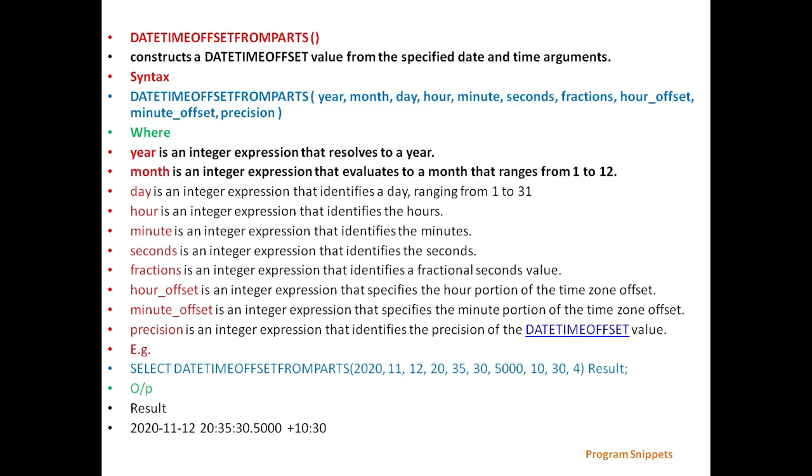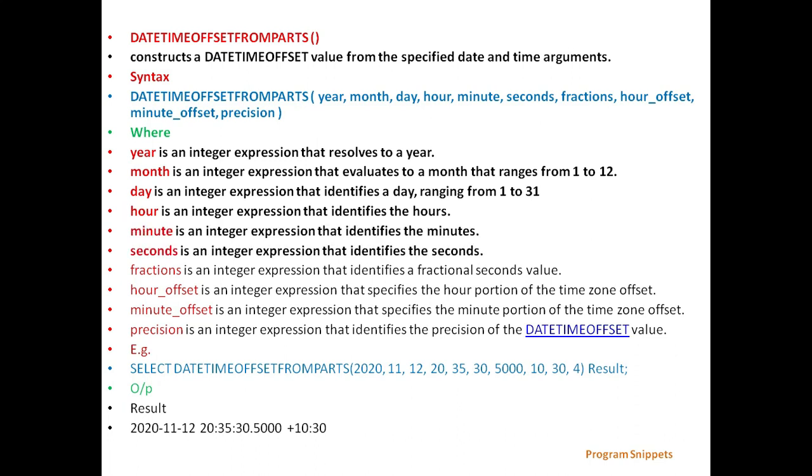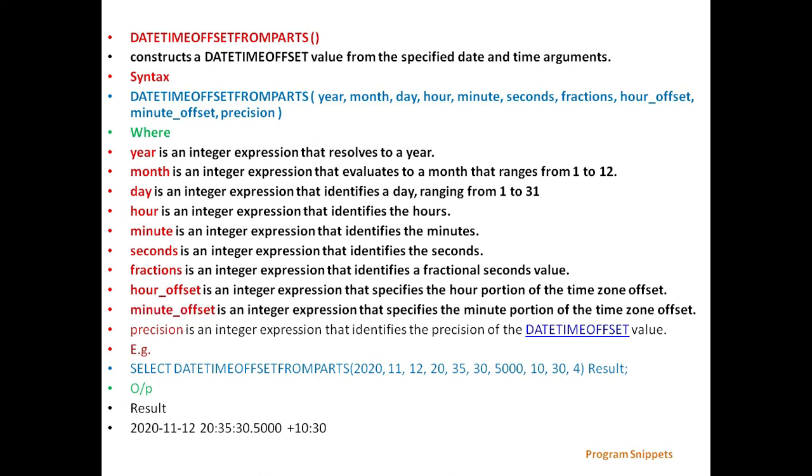to a month that ranges from 1 to 12, day identifies a day ranging from 1 to 31, hour identifies the hours, minute identifies the minutes, second identifies the seconds, fraction identifies a fractional seconds value, hour offset specifies the hour portion of the time zone offset, minute offset specifies the minute portion of the time zone offset and precision identifies the precision of the datetimeoffset value.